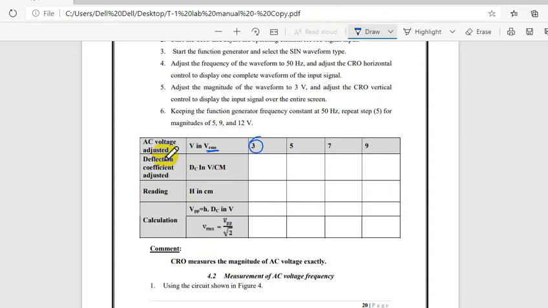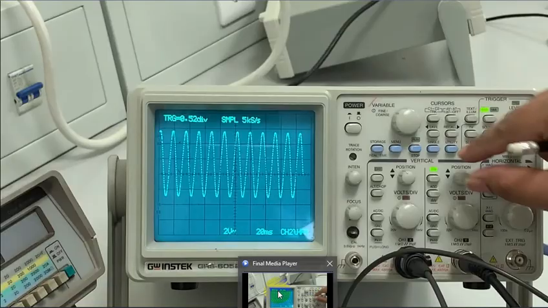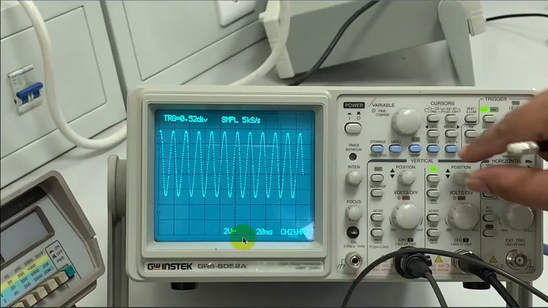So this is the deflection coefficient adjusted. The deflection coefficient adjusted is here in the CRO. In the CRO you can find this.